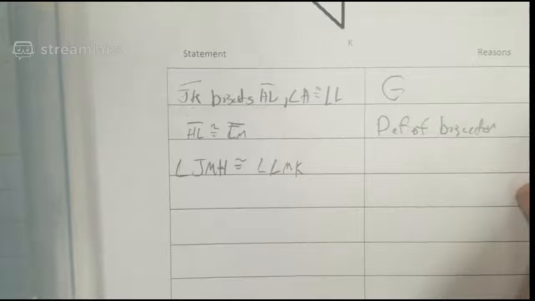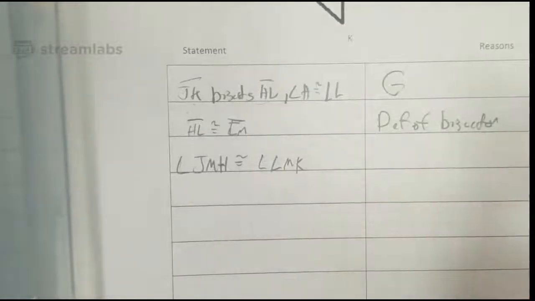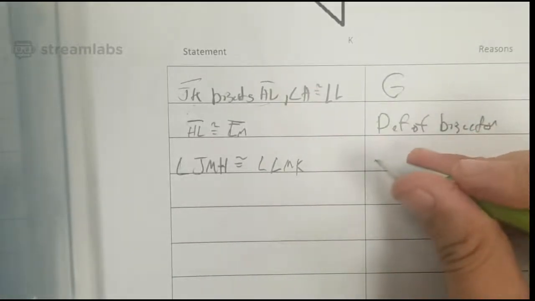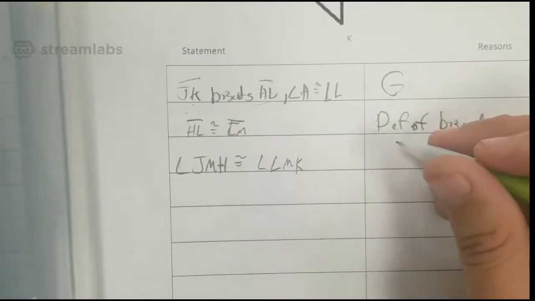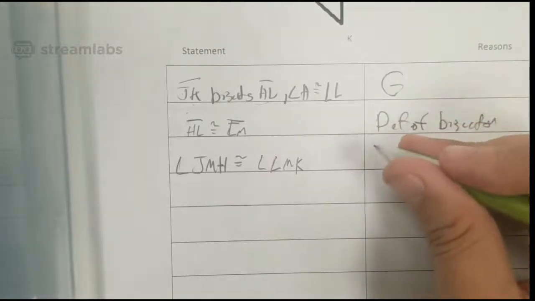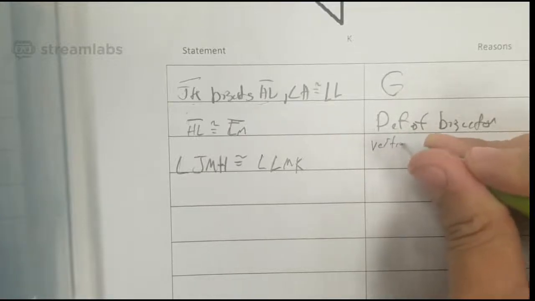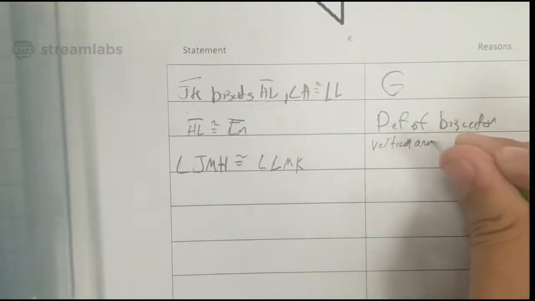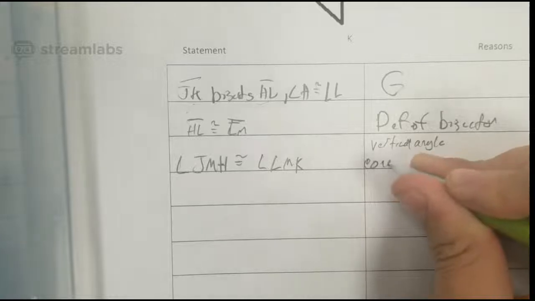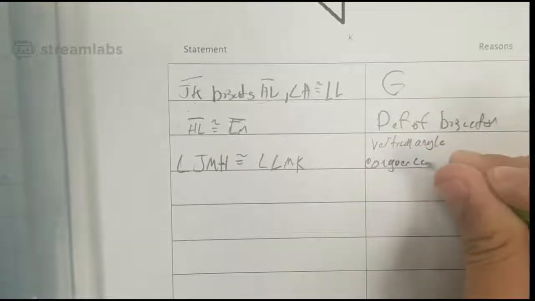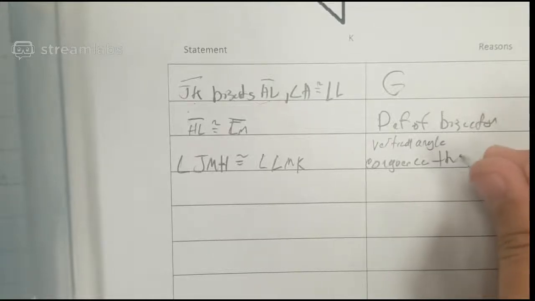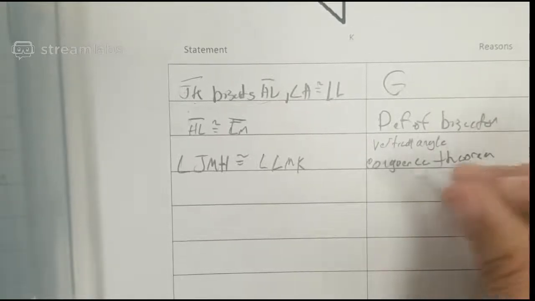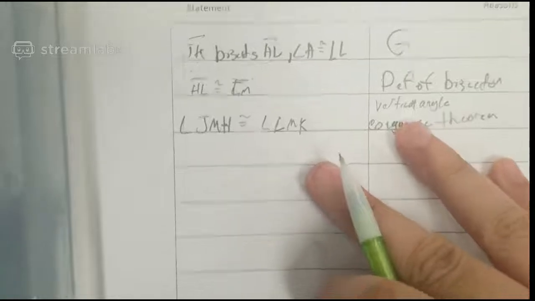What makes them congruent? Vertical angles. I think that was the vertical angle congruence theorem. If you just wrote definition of vertical angles or just vertical angles, I gave you credit. If it was multiple choice, it's going to be the full line over here.